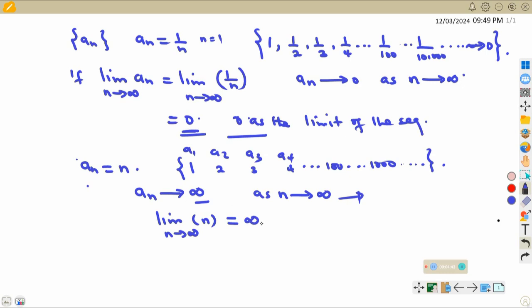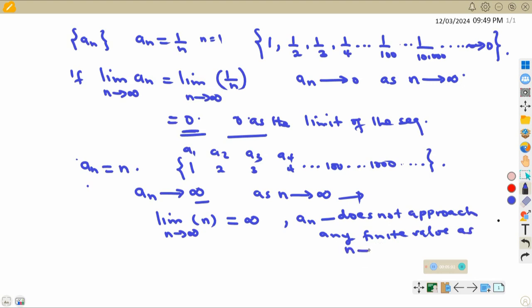So you realize that such a sequence an does not approach any finite value as n becomes extremely big. So clearly this sequence has no limit.